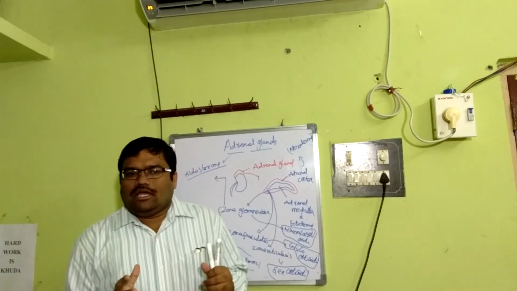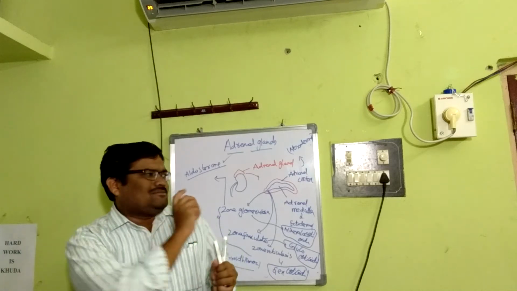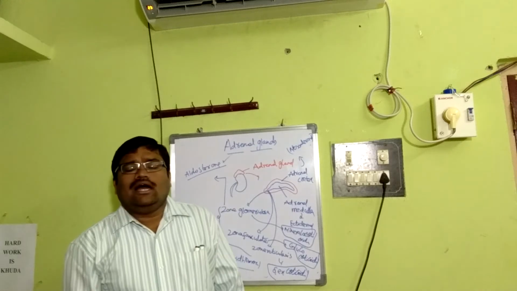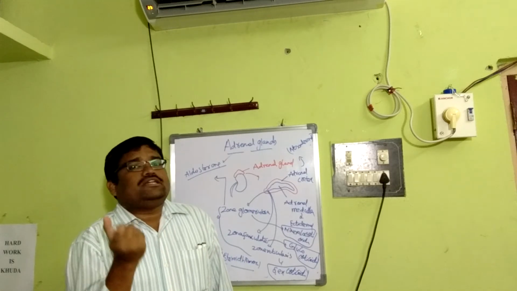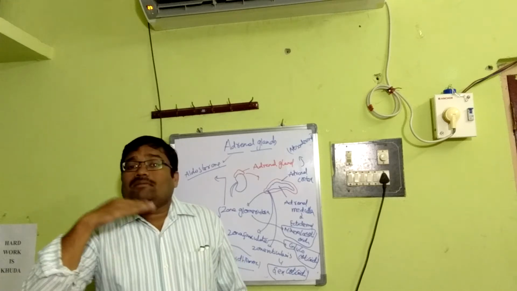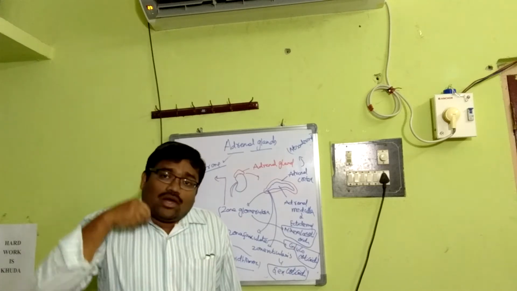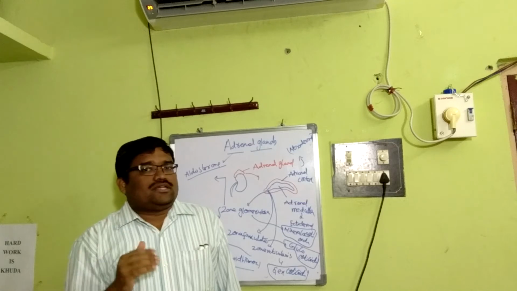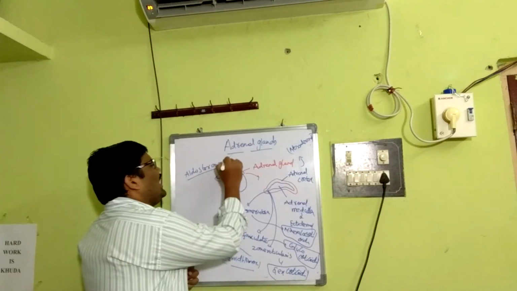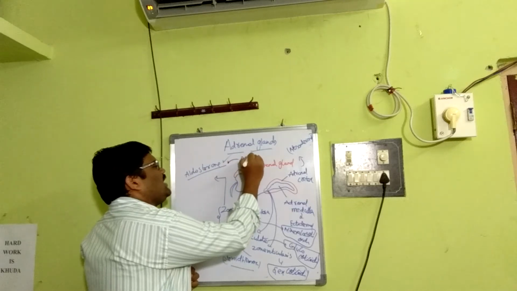For example, if we remove this particular part, the zona glomerulosa, or if there is a deficiency in aldosterone, the person will die, because proper maintenance of blood pressure, which is also one of the integral pathways of homeostasis, is a must. That is why this is a very essential role, and this again comes under the influence of angiotensin 2.